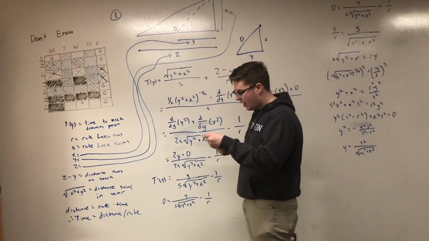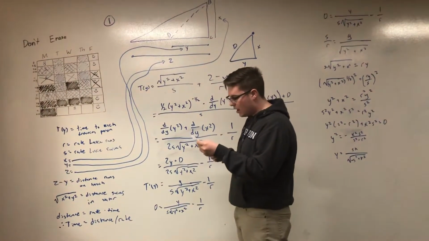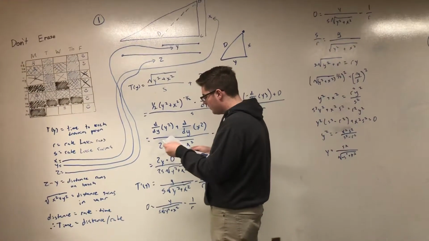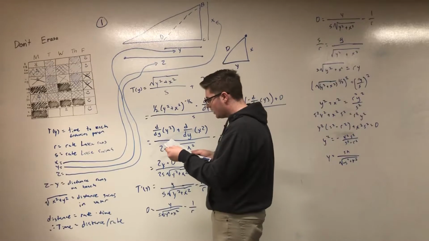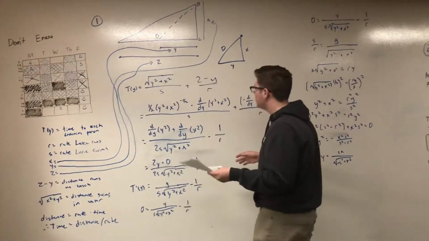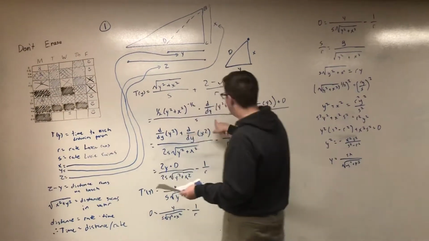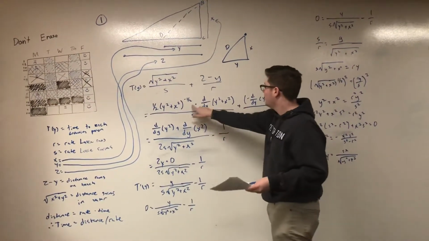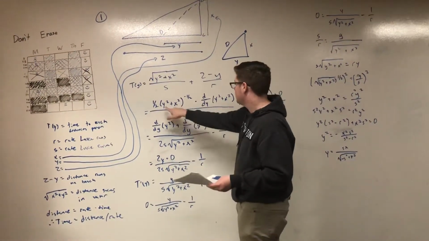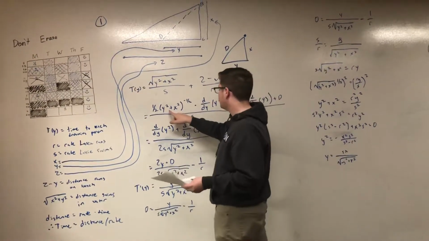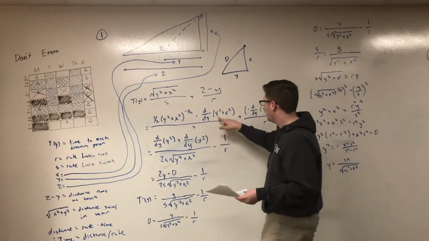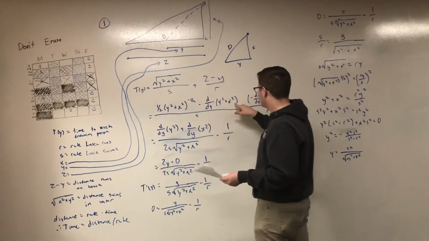So to find the minimum time it takes Lassie to reach the person and how far she should run down the beach before jumping in the water, we took the derivative and then set it to 0. So this will be the minimum point of our function. We start by doing the power rule and the product rule on this side. So we end up getting 1/2 times (y squared plus x squared) to the negative 1/2 times d/dy of (y squared plus x squared), over s.